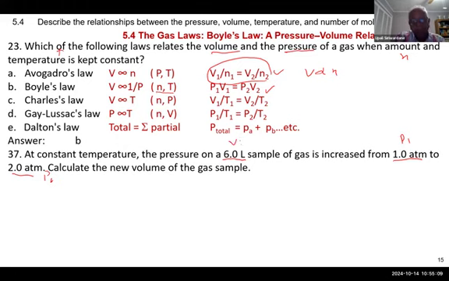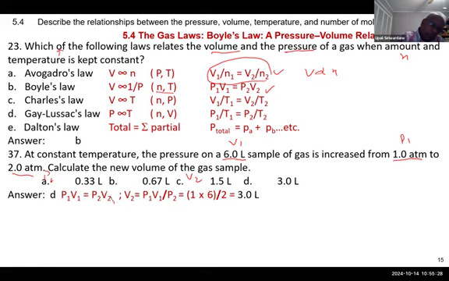That's V1. The new volume is V2. P1, P2, V1 is given.